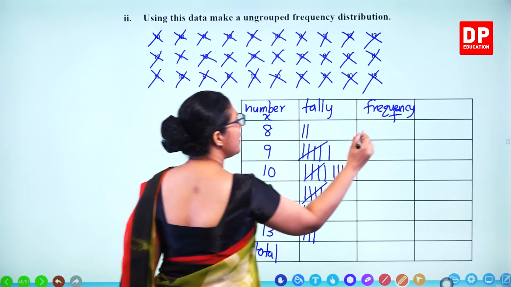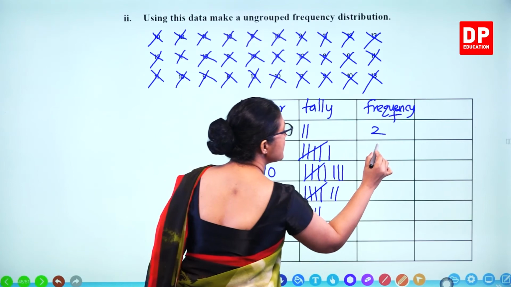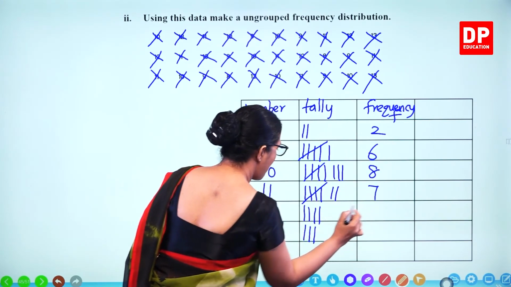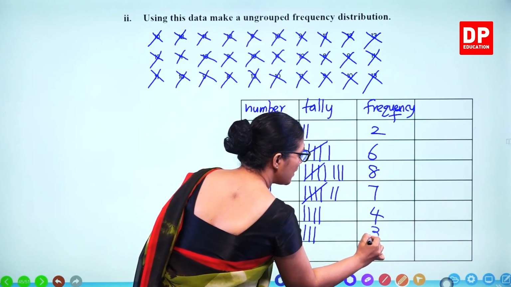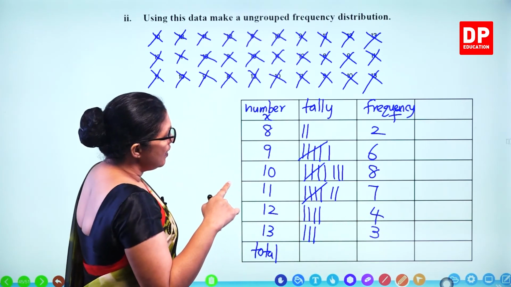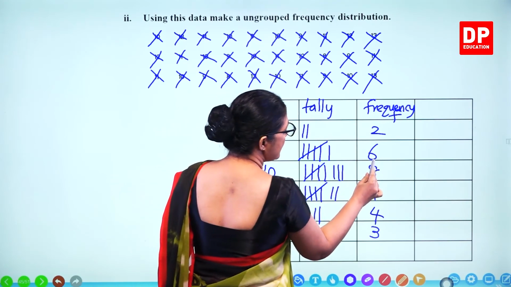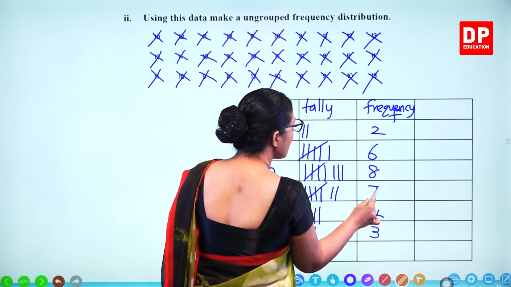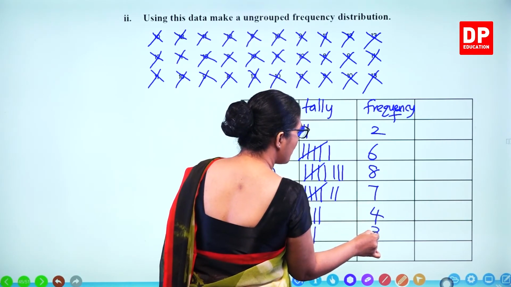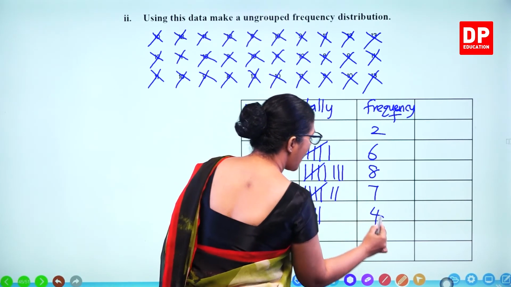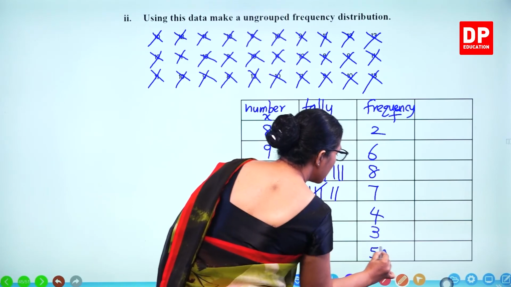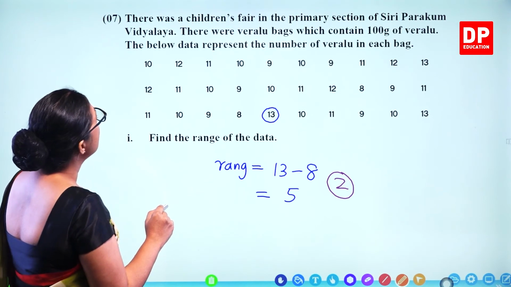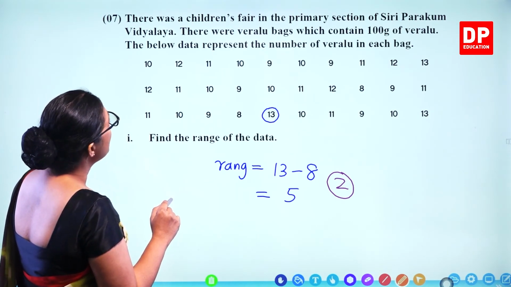You get 2 here. 5 and 1, 6. 5 and 3, 8. 5 and 2, 7. 4, 3. We'll count and see. 8 and 2, 10. 16. 40 and 43. 43, 46 and 50. Just check whether they have given anything. No, nothing about the total.